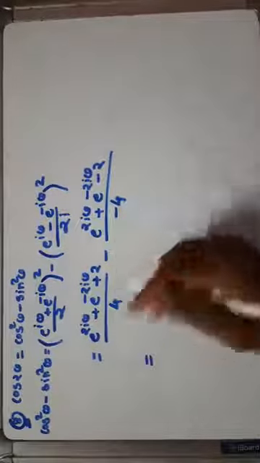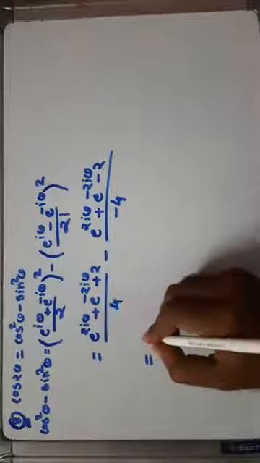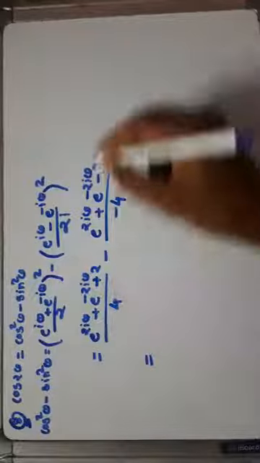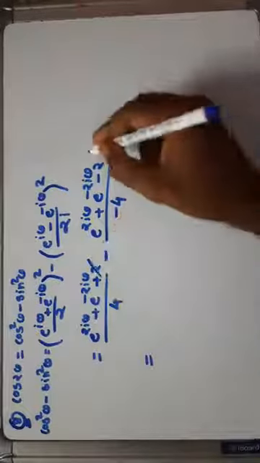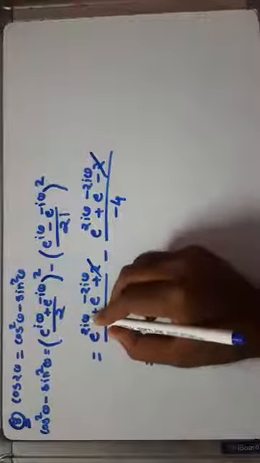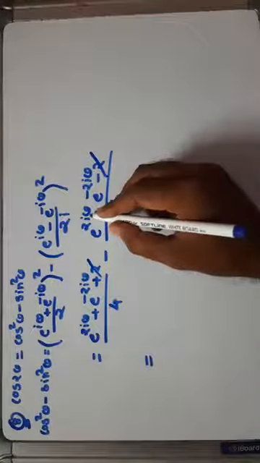Then we combine all these, this gets cancelled, this gets cancelled, e raised to 2i theta, e raised to 2i theta.